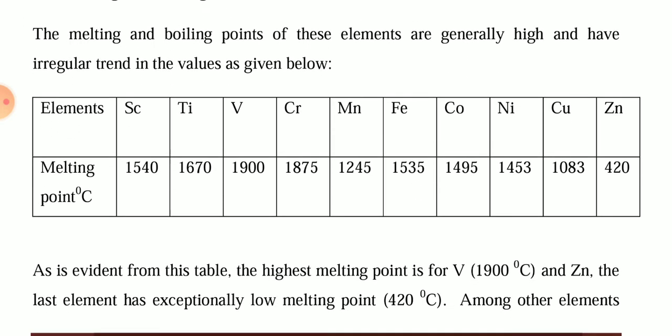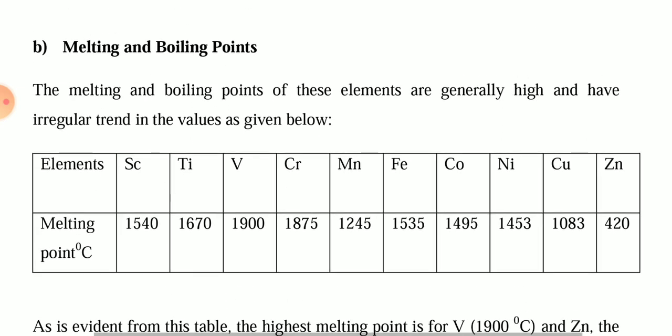Okay, the melting points and boiling points of these elements are generally high, and they have an irregular trend. Scandium has 1540, then titanium has 1670, but vanadium has the highest melting point, which is 1900. After that the melting point decreases.